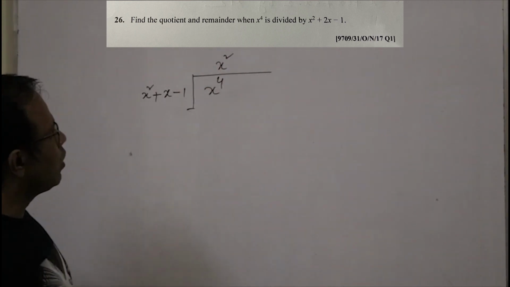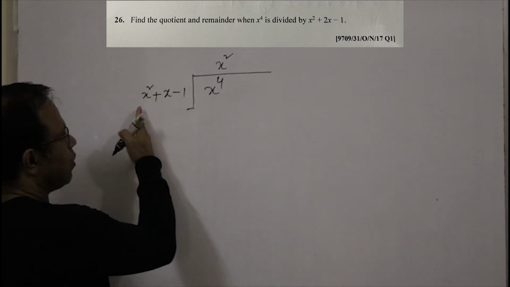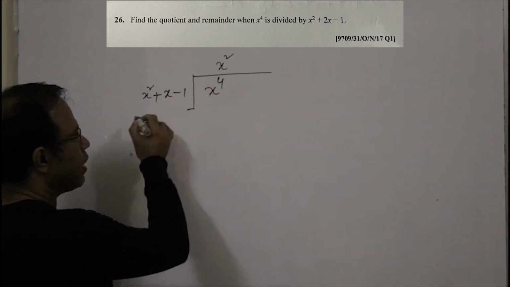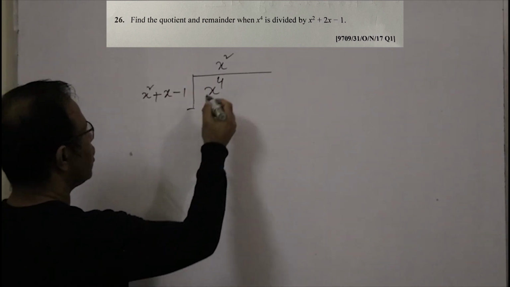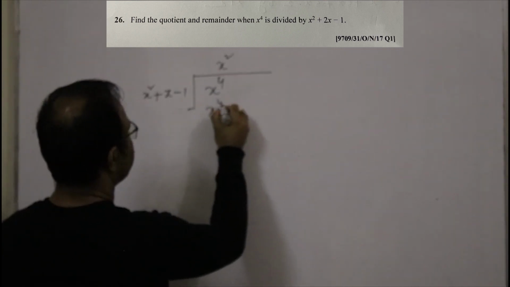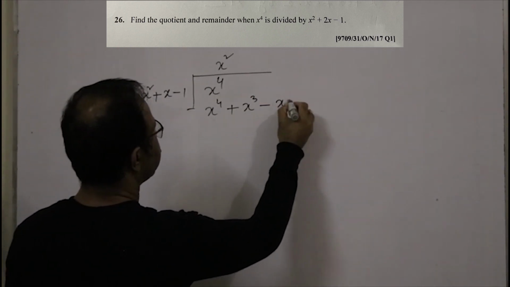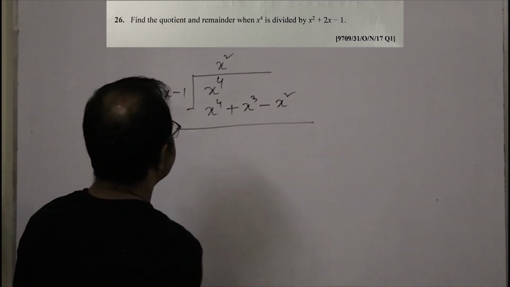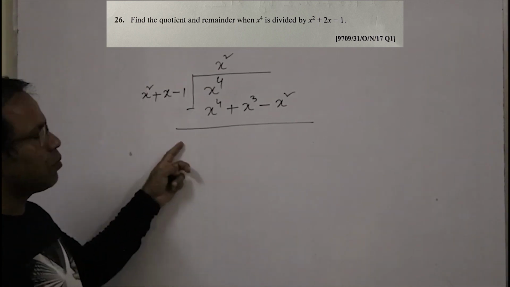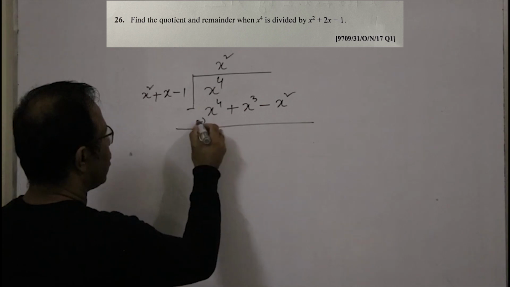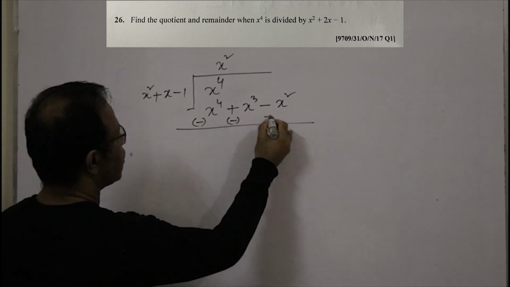Then we will multiply all the terms of the divisor by x squared and write underneath x to the power 4. So it will be x to the power 4 plus 2x cubed minus x squared. As we need to subtract all the terms from x to the power 4, we need to change the sign of the underneath line.